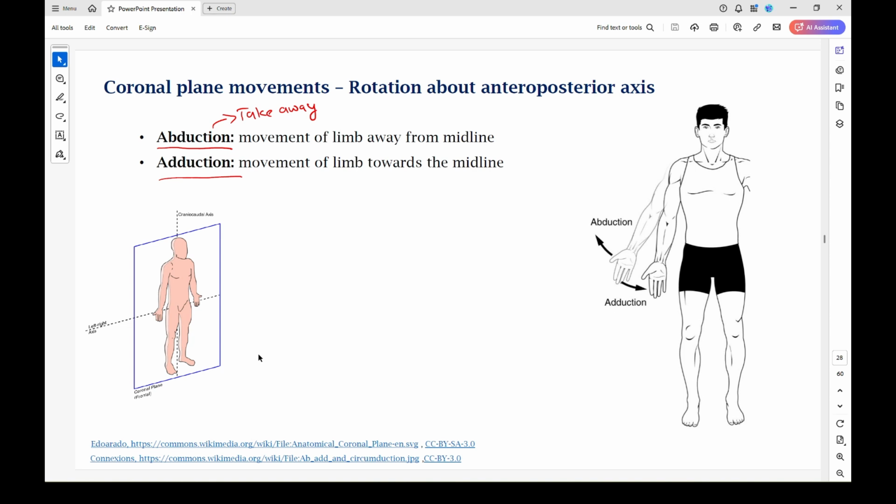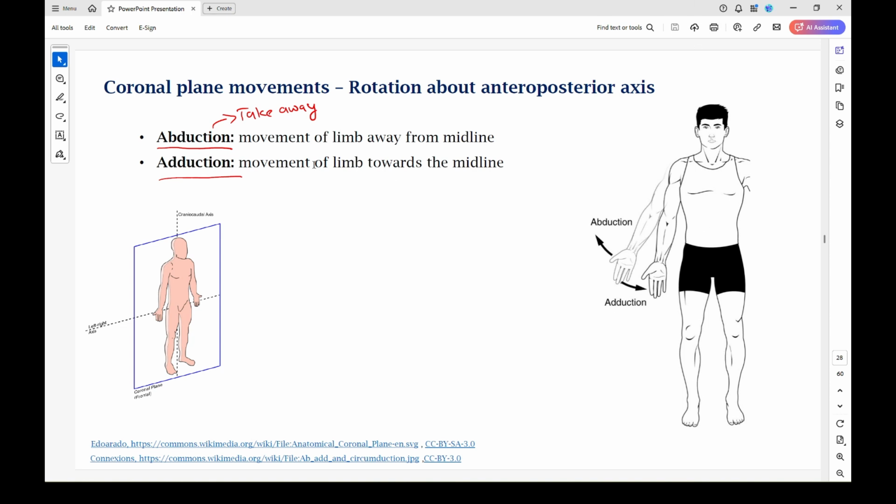So all of the movements that happen in this plane happen about the anterior-posterior axis. There are two major movements in this plane: abduction and adduction.